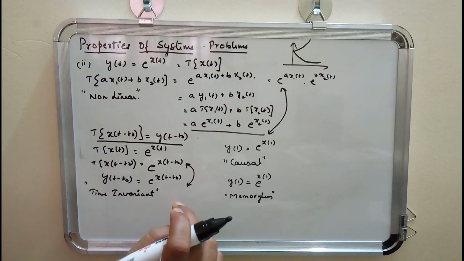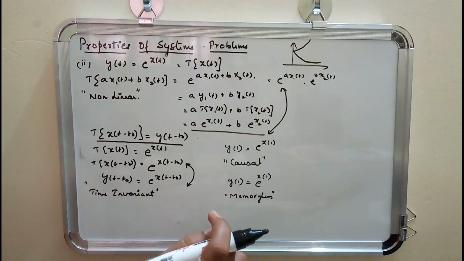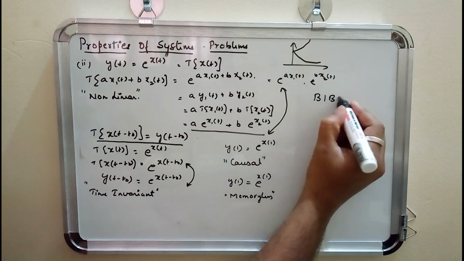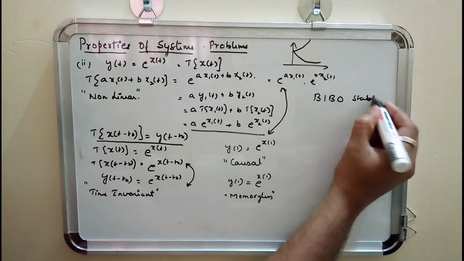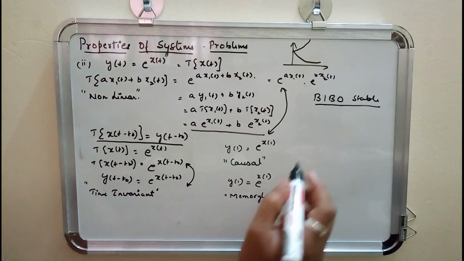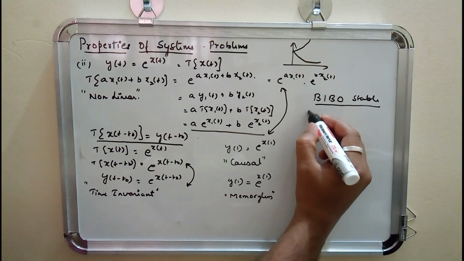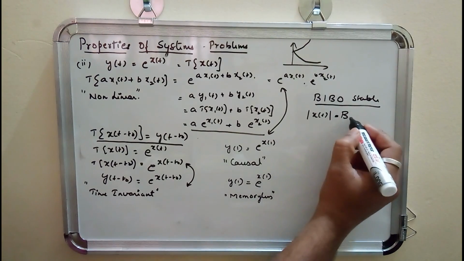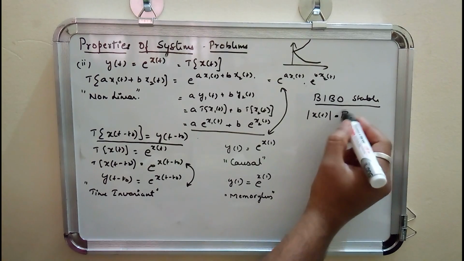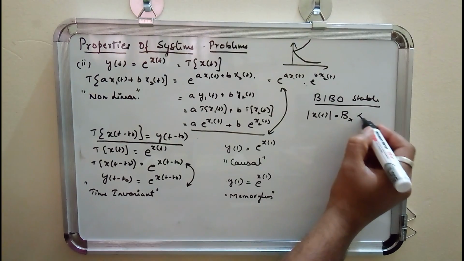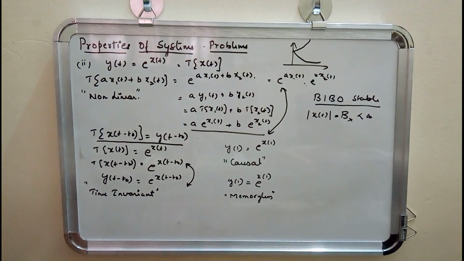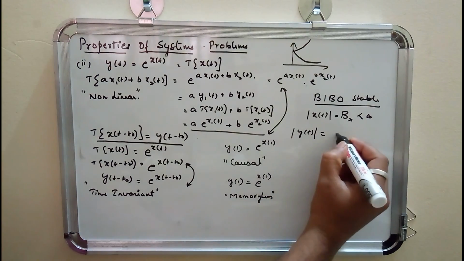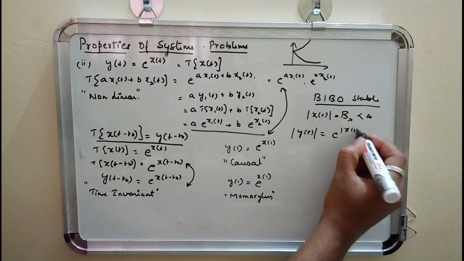Now coming to the last topic, stability. It is BIBO stability. What is the definition? We presume that x of t is bounded, that is it has some value Bx, which is less than infinity. Now what is the output if the input is bounded? y of t is exponential of x of t.